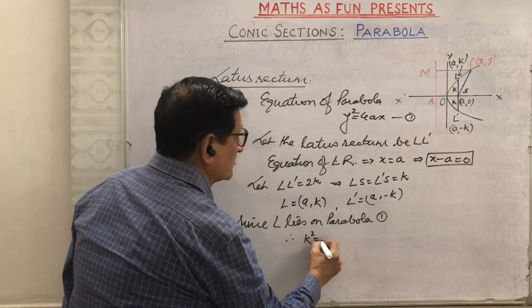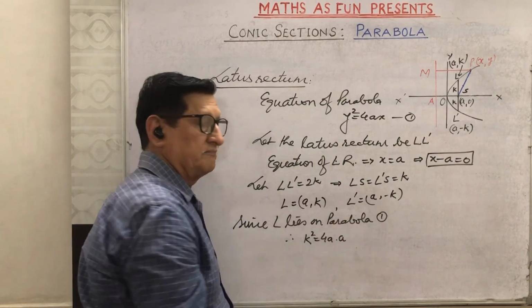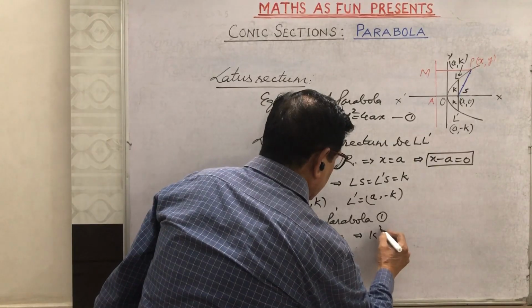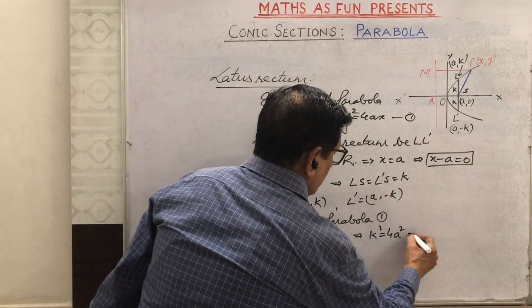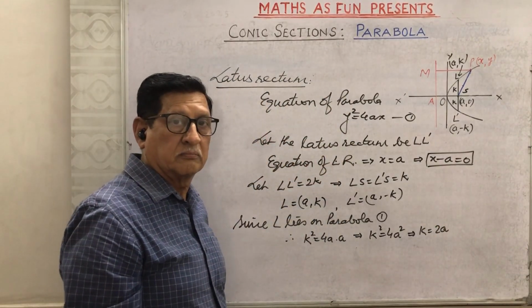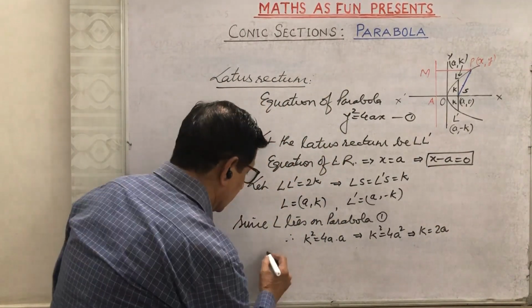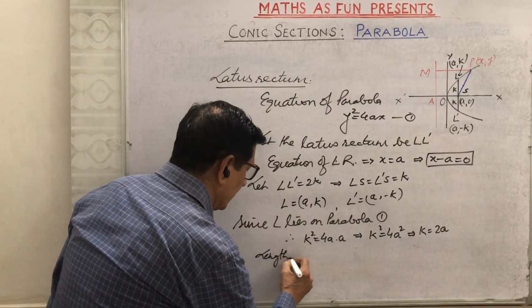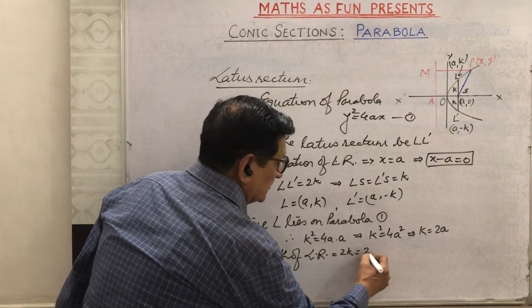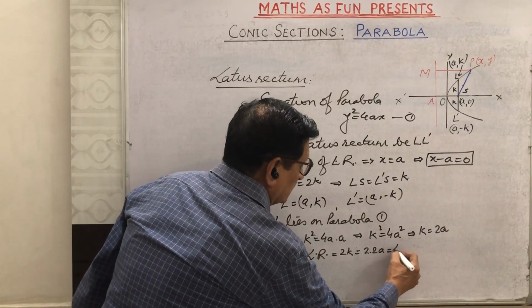This means k square is equal to 4a into a, that is k square is equal to 4a square, or k will be equal to 2a. Hence the length of the latus rectum will be 2k, that is 2 into 2a, or 4a.